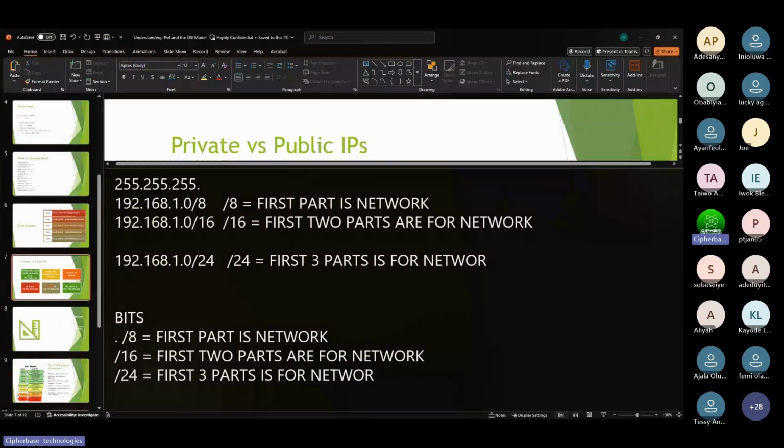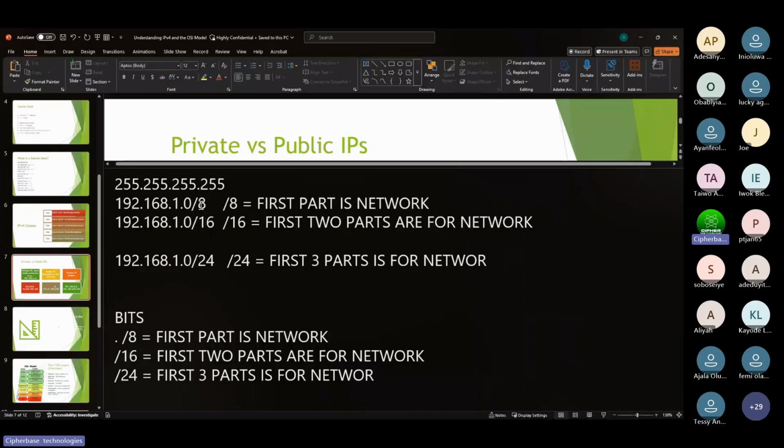This one is host. So now I say that we split the subnet mask here. Now here we have 192.168.1.0/8. This 8 is 8 bits, as you can see here.